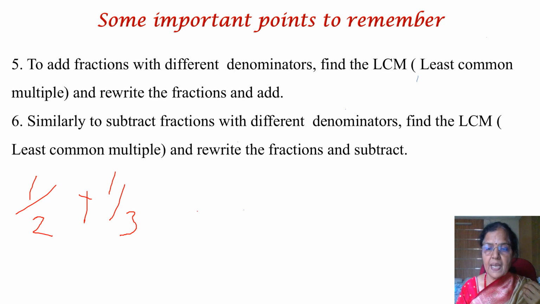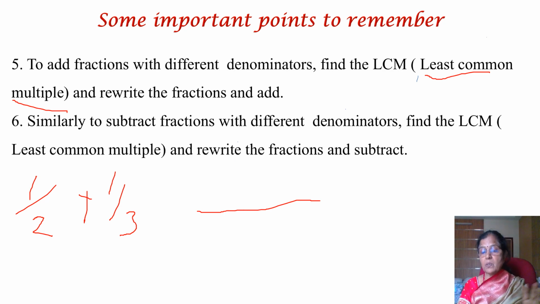You have to find the LCM. What is LCM? The least common multiple of these two denominators. If you have many fractions, it is the same procedure. The least common multiple for 2 and 3, for both these denominators, is 6, because 6 is divisible by 2 and 6 is divisible by 3 also.